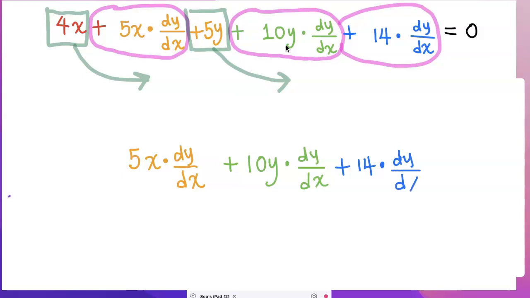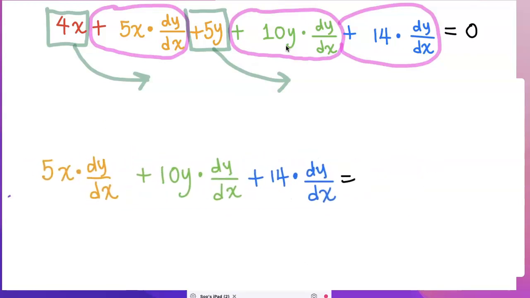Now on the other side, we have some newcomers. These two terms that didn't have dy/dx just got moved to the right. So this positive 4x is now minus 4x. That's how we move it: we subtract 4x from both sides. And this positive 5y is now negative 5y on the other side.